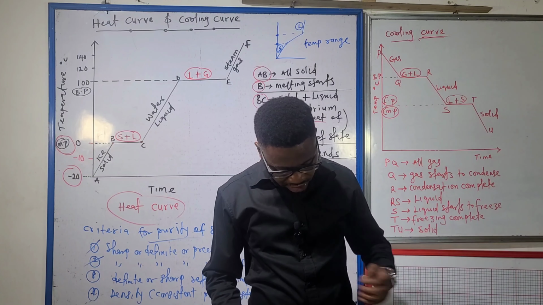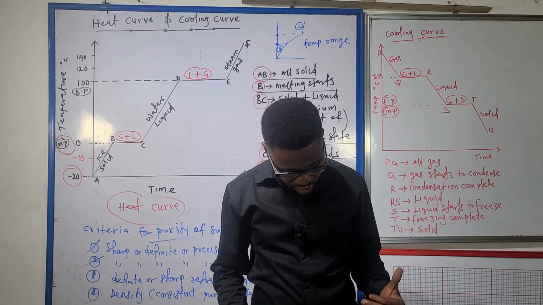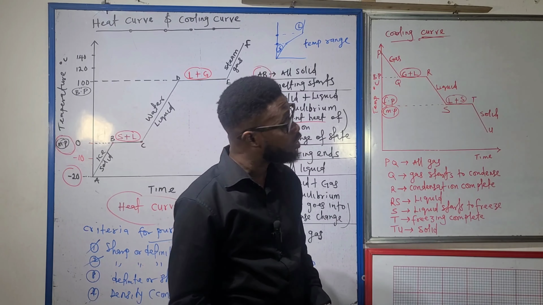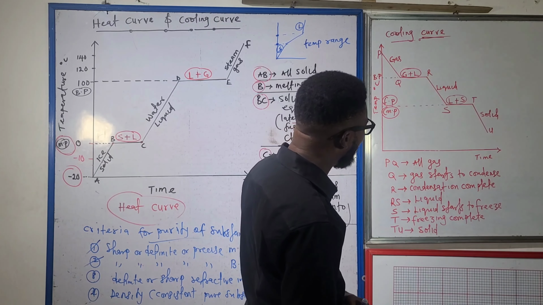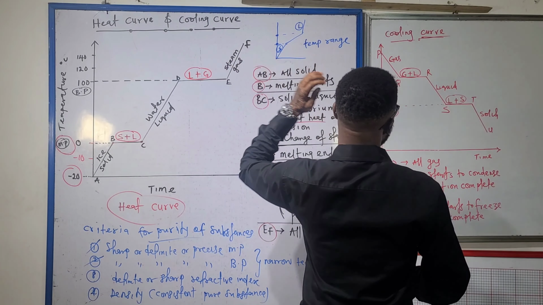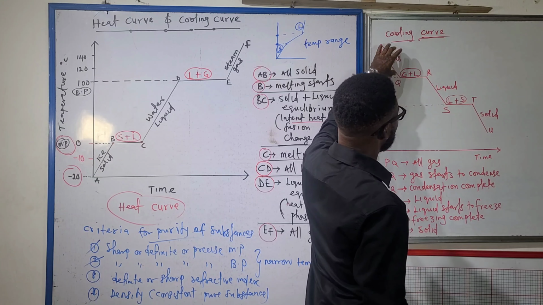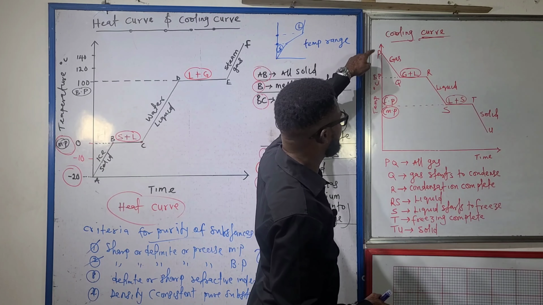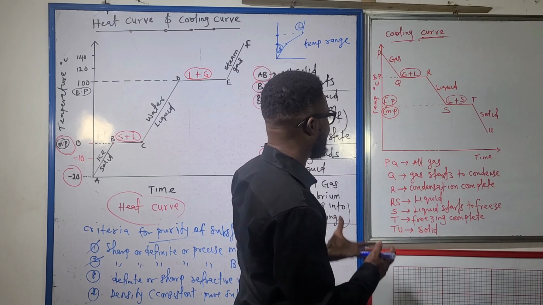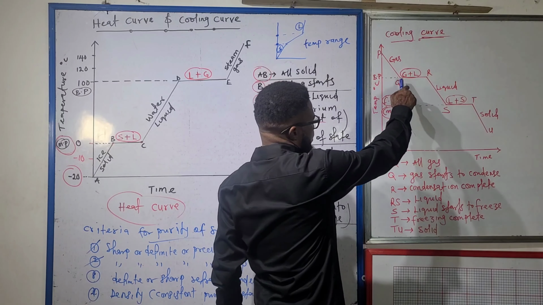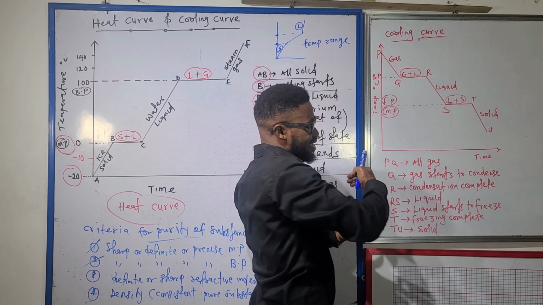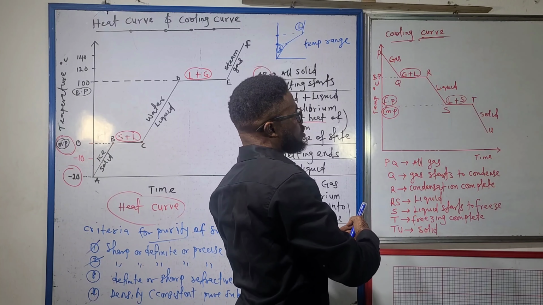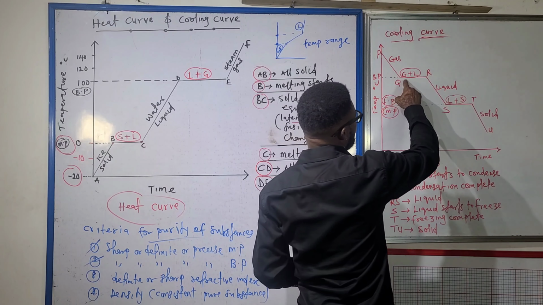Of course, let's quickly explain the cooling curve and come back to solving one or two questions. Talking about our cooling curve, it is just like the reverse of our heat curve. In this case, we have PQ, a gas. Between P and Q, the material exists as a gas, but from point Q, condensation starts, whereby gases lose heat, there is a drop in the temperature, and the gases begin to change to liquid.